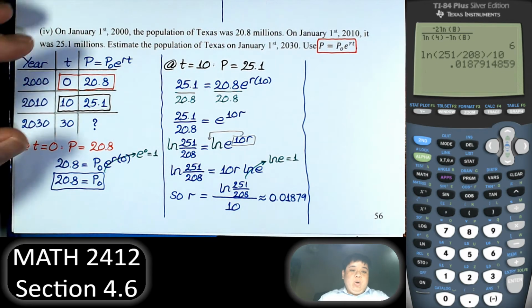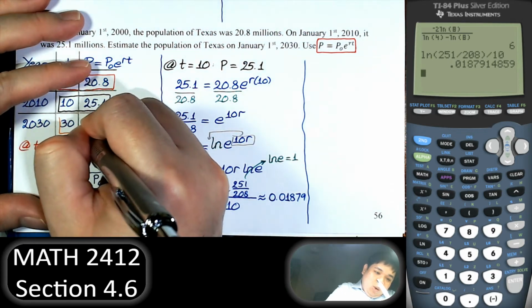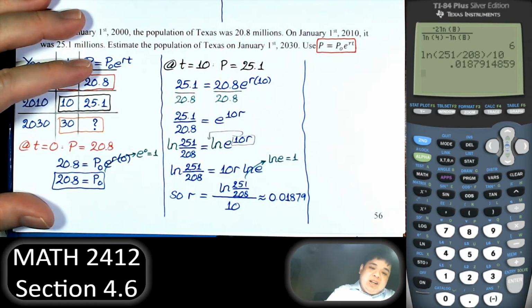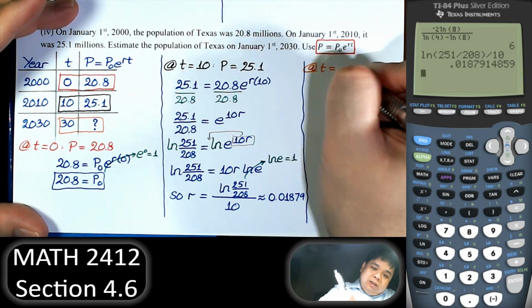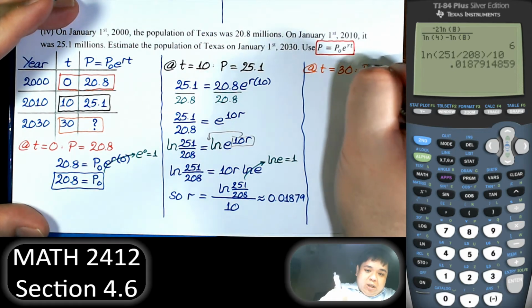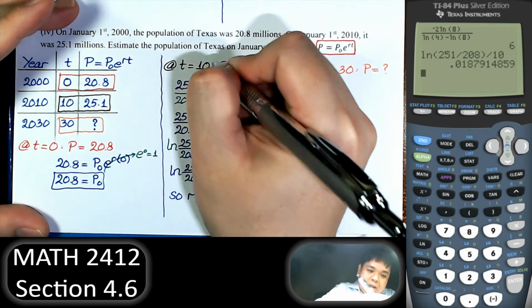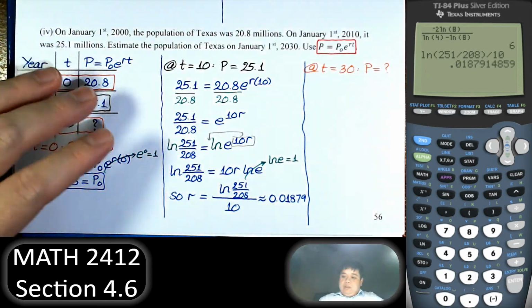And finally, we go to the last part of the question. What happened to the population 30 years later? When t equal to 30, what is the population? So that's easy. Now we know everything about the equation.